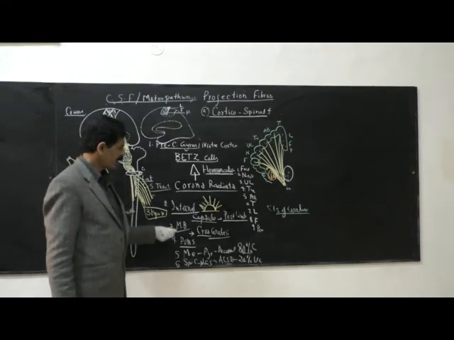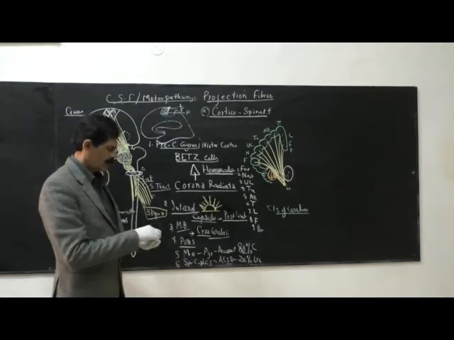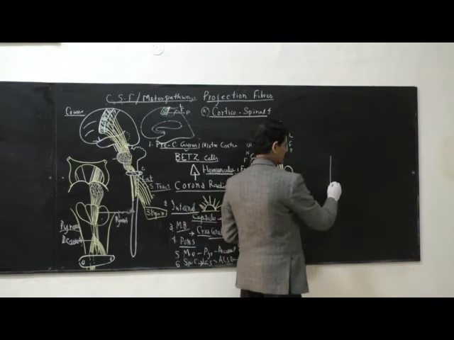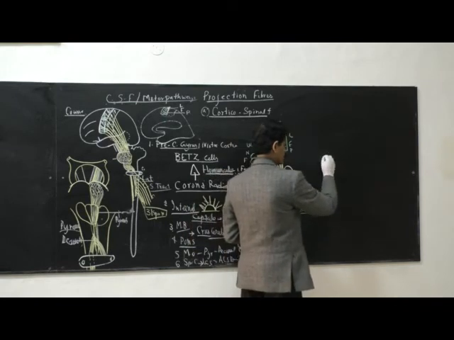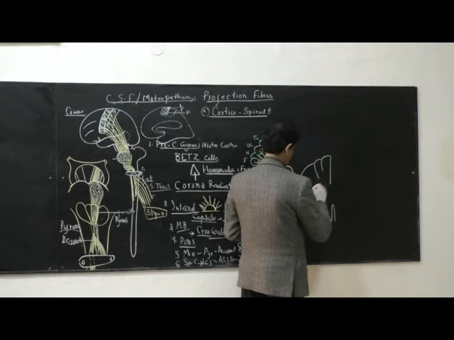So this journey up to the ventral horn cell is called the upper motor neurons. So as we know, in the spinal cord, they are present in the lateral column.